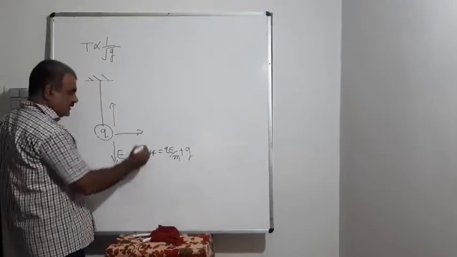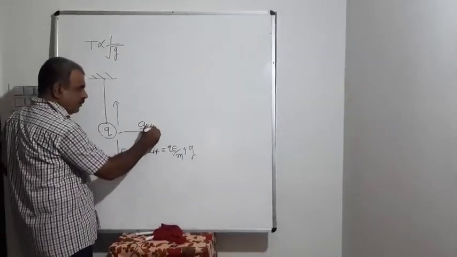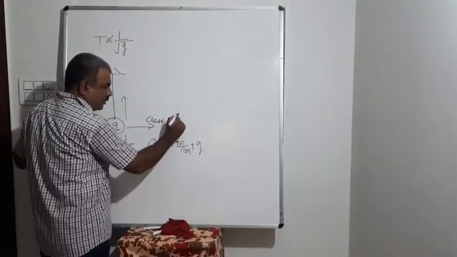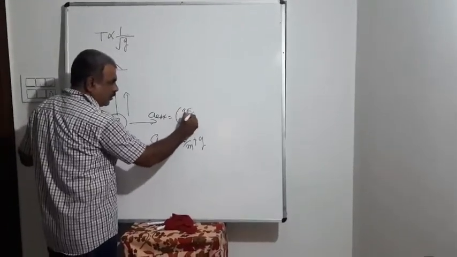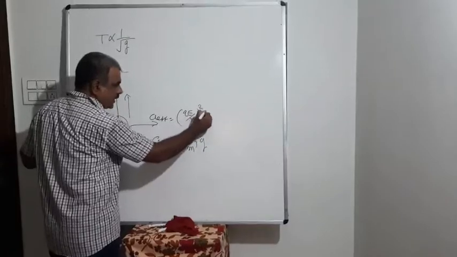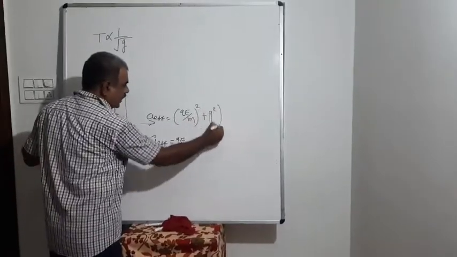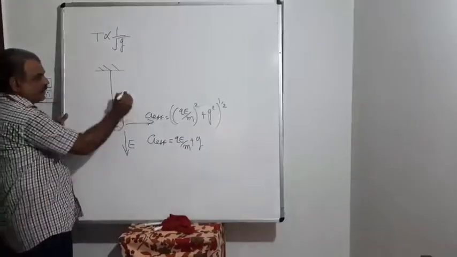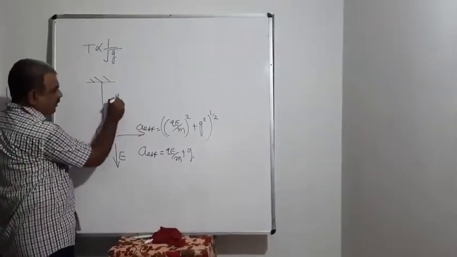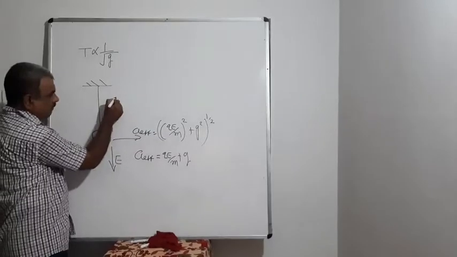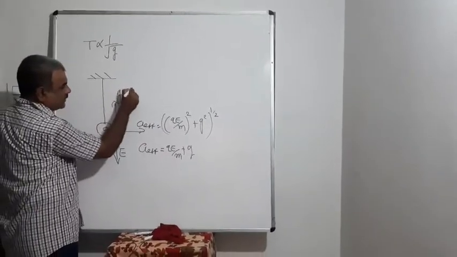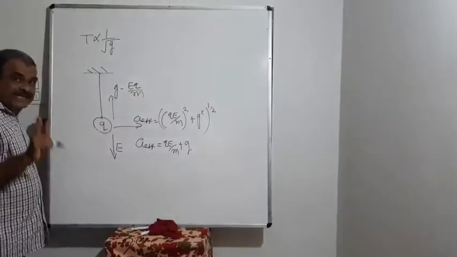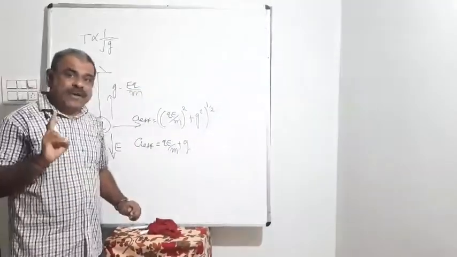In second case, A effective will be EQ by M whole square plus G square and whole raised to power half. And in third case, it will be G minus EQ by M. When I say A effective, it is effective acceleration.